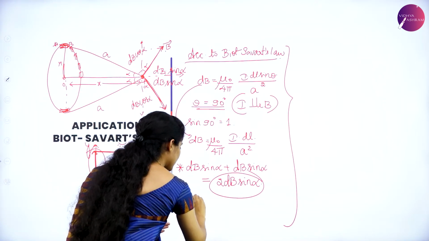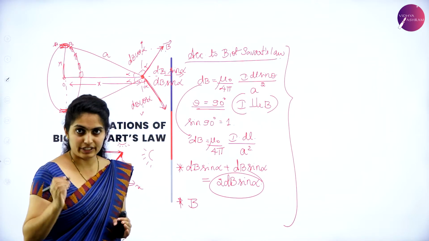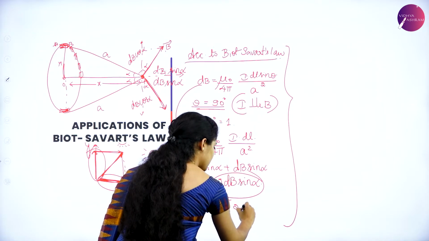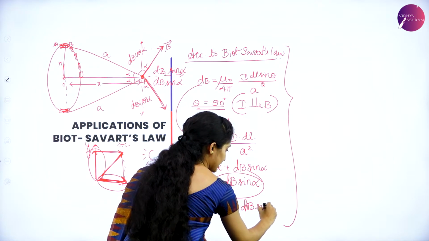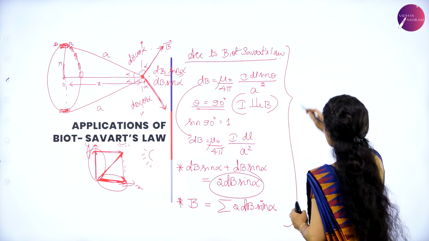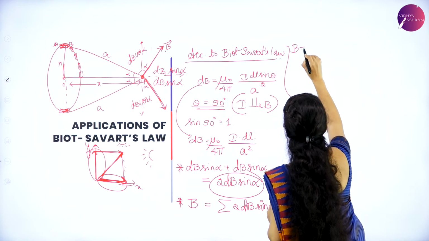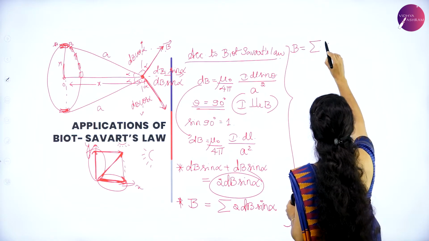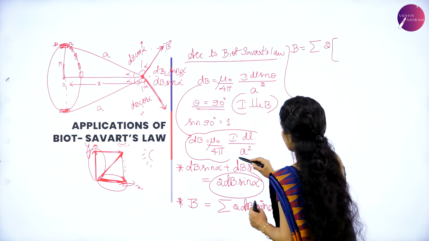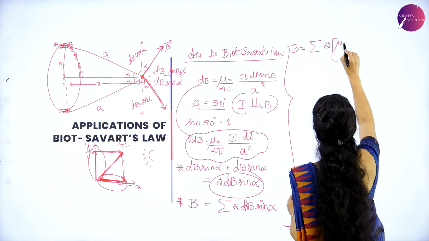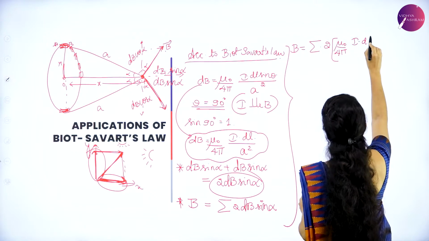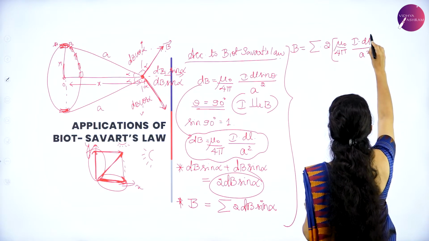Summing it up gives the total net magnetic field B, which is equal to the summation of 2 dB sine alpha. Then you can take B is equal to the summation of, what is dB? dB is mu naught by 4 pi I dl divided by a square.